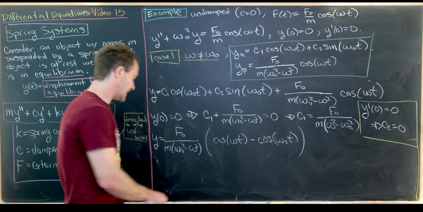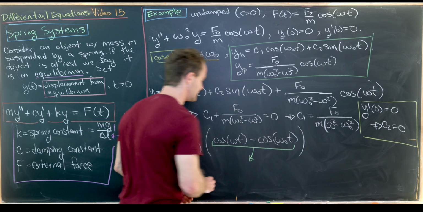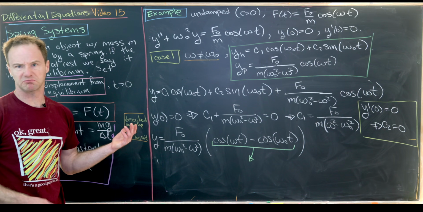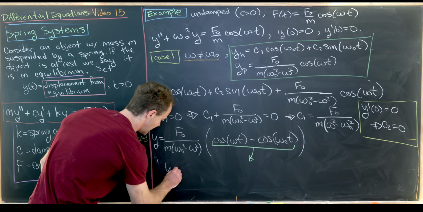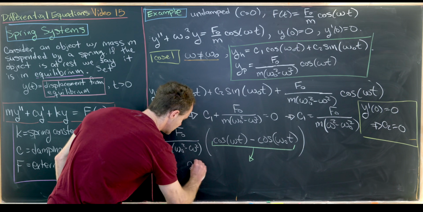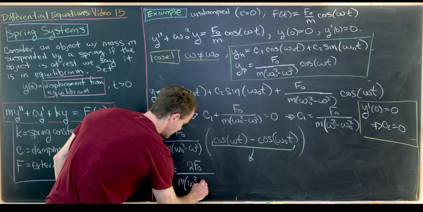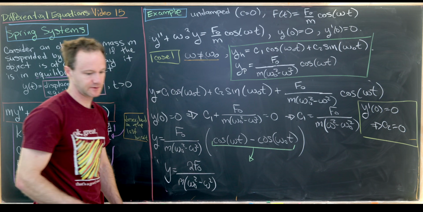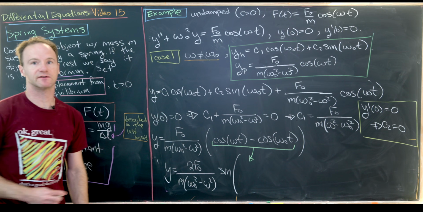Okay, good. And now we'll make a simplification via a trig identity here as well. This is a trig identity that you can look up just as I said before. And what we'll end up with is the following. We'll have y is equal to 2 f naught over m times omega naught squared minus omega squared. And then we'll have the product of the following two sine functions.